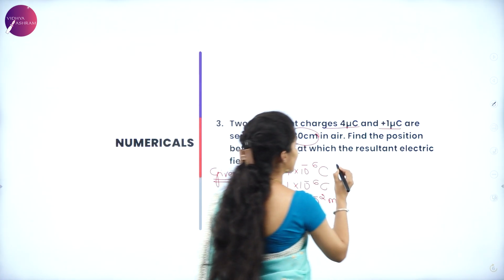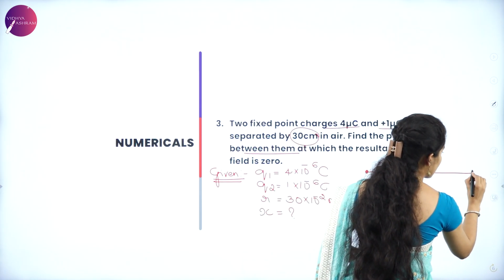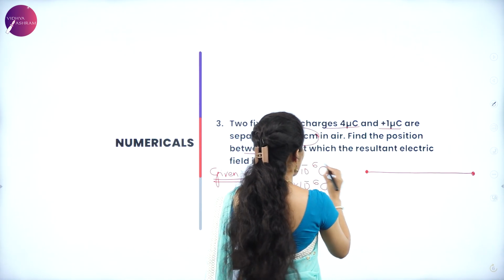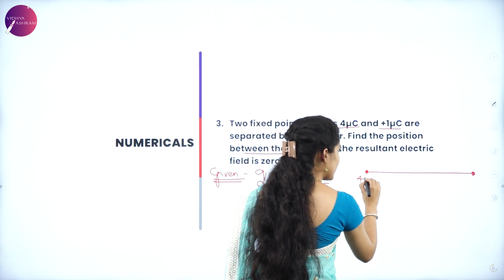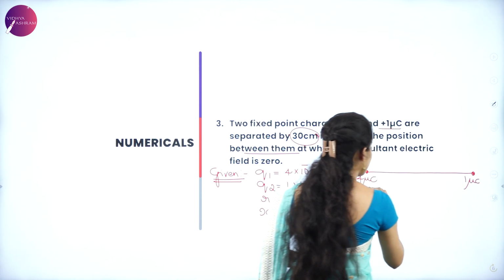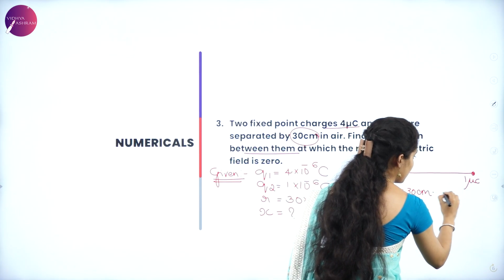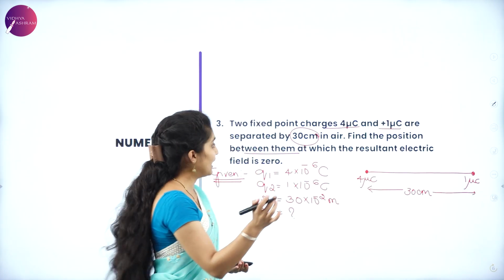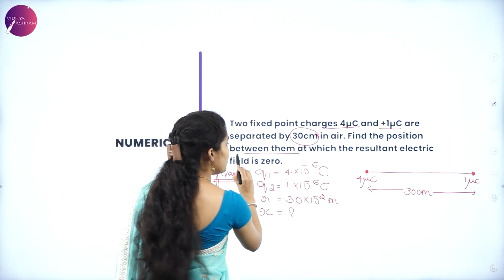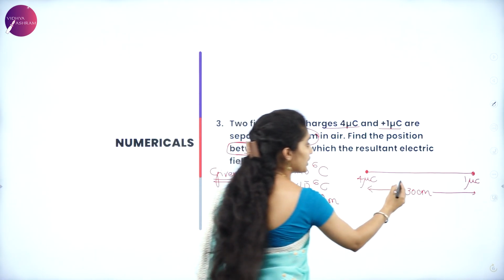So now the diagram is two charges which are separated by a certain distance. So charge Q1 is 4 microcoulomb and charge Q2 is 1 microcoulomb, which is separated by a distance of 30 centimeters. Okay, and find the position between them. See this word between them, that means midway between those two.